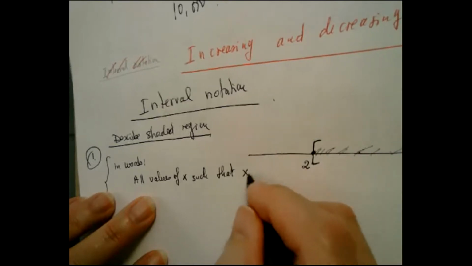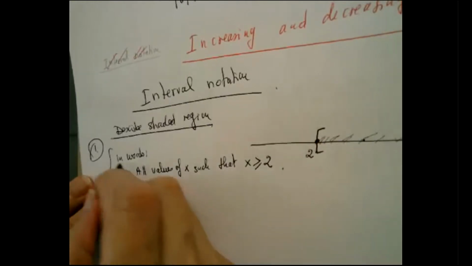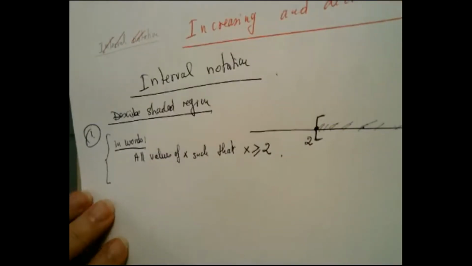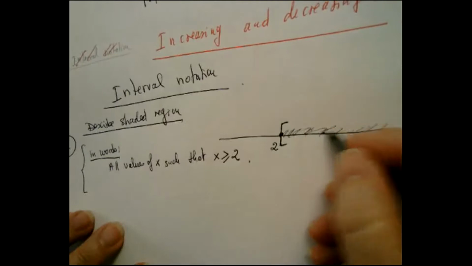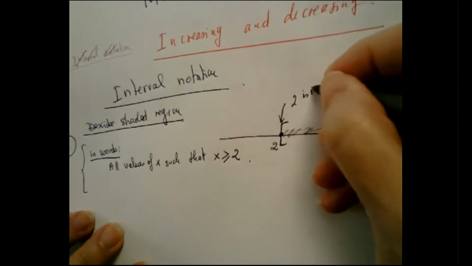It's bigger or equal to 2. So everything in the shaded region is bigger or equal to 2, and in this scenario, 2 is included.